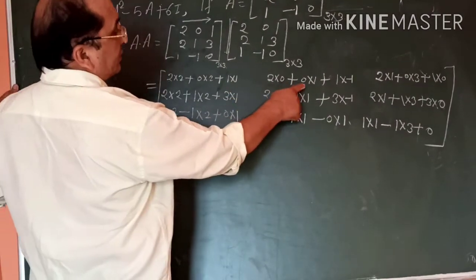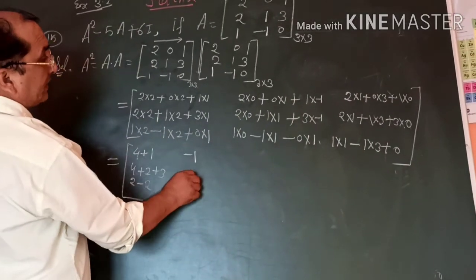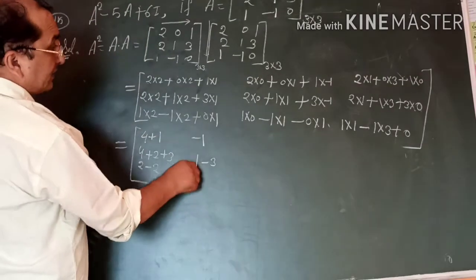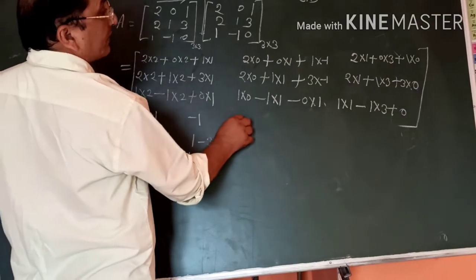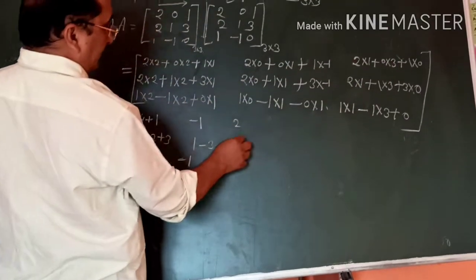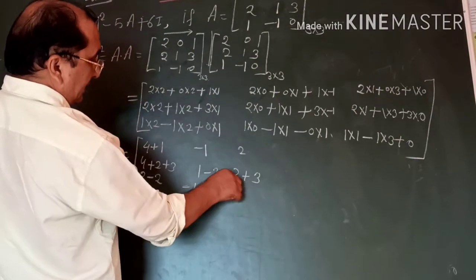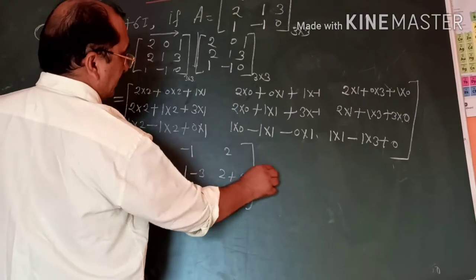Then 0, 0 and minus 1; 0, 1 minus 3, which is minus 2; and so on for the remaining entries.